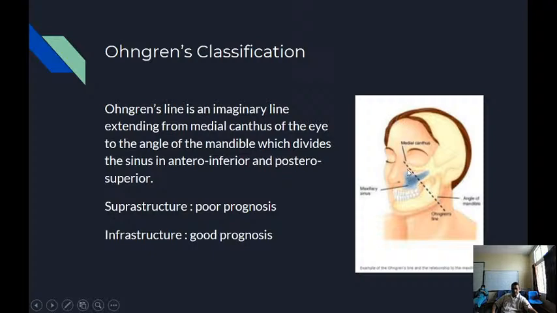The tumors which are present anterior-inferiorly, the infrastructure, have a better prognosis. Whereas the tumors which are behind Ohngren's line, because they involve the ethmoids, the orbits, the cribriform plate and the sphenoids, their prognosis is bad.